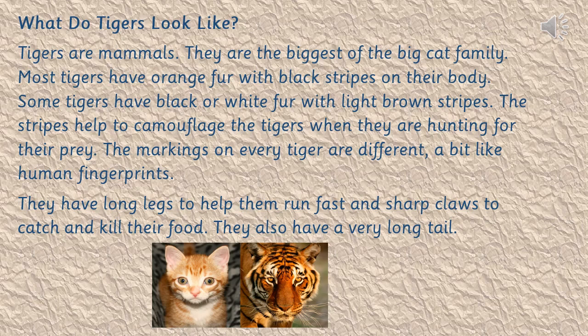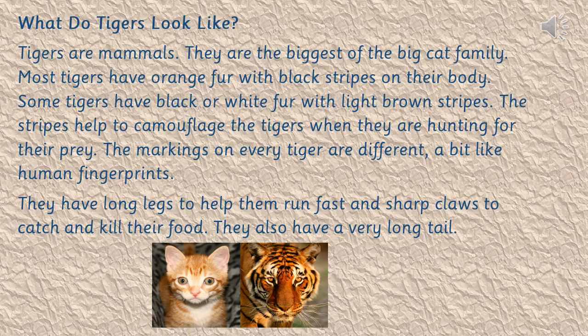Tigers are mammals. They are the biggest of the big cat family. Most tigers have orange fur with black stripes on their body. Some tigers have black or white fur with light brown stripes. The stripes help to camouflage the tigers when they are hunting for their prey.